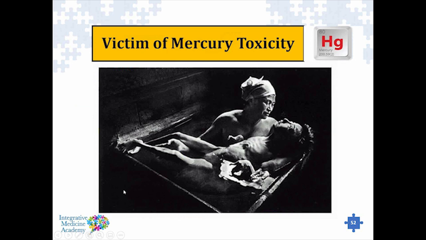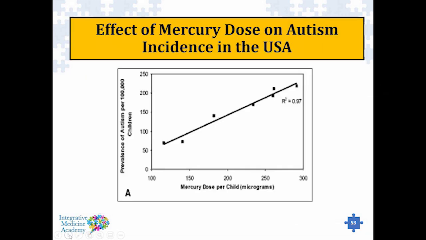This is an image here of an individual dying of mercury exposure in the Minamata Bay area of Japan, where this particular fishing community was poisoned by waste being dumped into the waterways from a corrupt factory that was polluting the environment. And many people became extremely ill, and many people died because of this exposure.